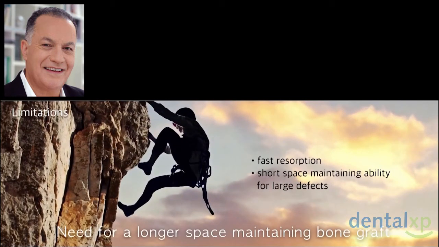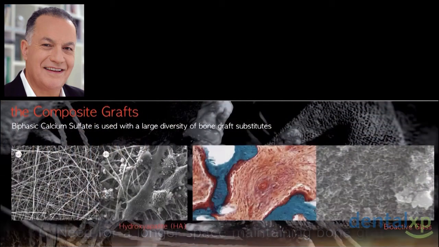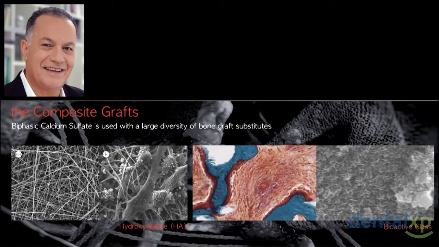There are a few limitations, and Amos knows about this. We need a longer space maintaining for bone graft, because we have seen that there is a fast resorption of the product and a short space maintaining ability for large defects. So the idea was to use composite grafts and to use any product which will be able to keep the volume of the graft.